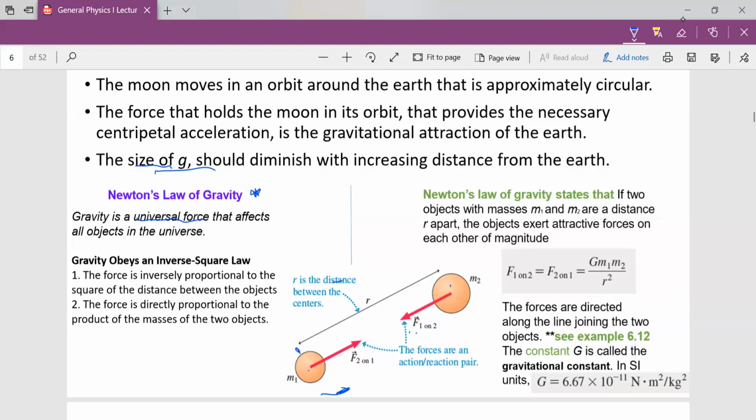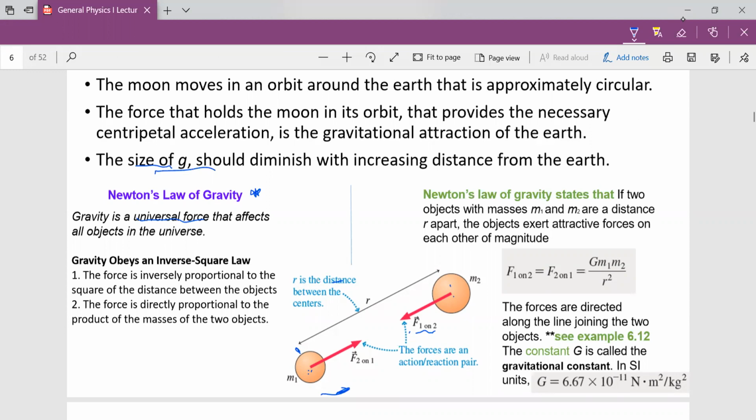And we'll have the force of 1 on 2 pulling this way, the force of 2 on 1 pulling this way. This one is directed towards the center here. This one is directed towards the center here. All right. So this kind of brings in the action-reaction pair. So in the description of Newton's law of gravity, we're bringing in both the second law and the action-reaction pair.